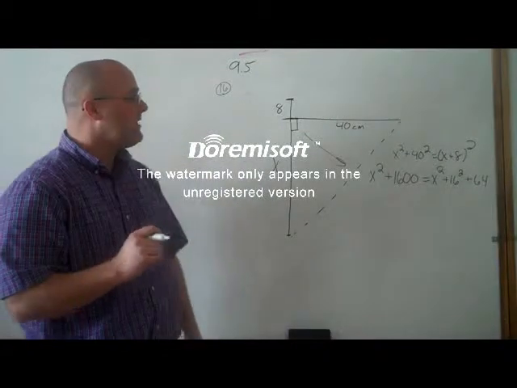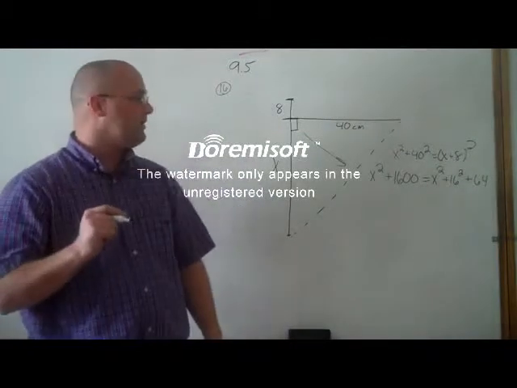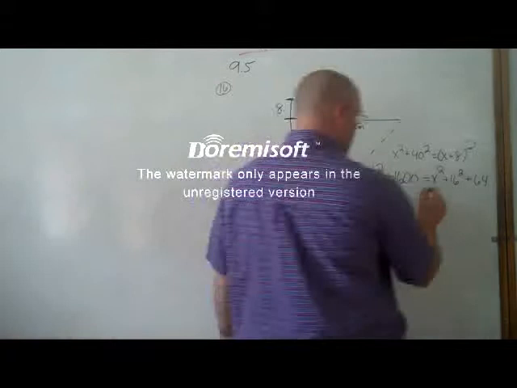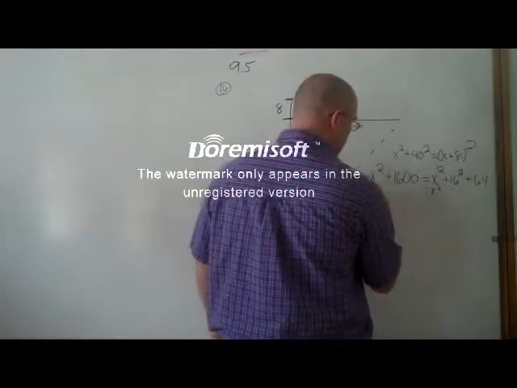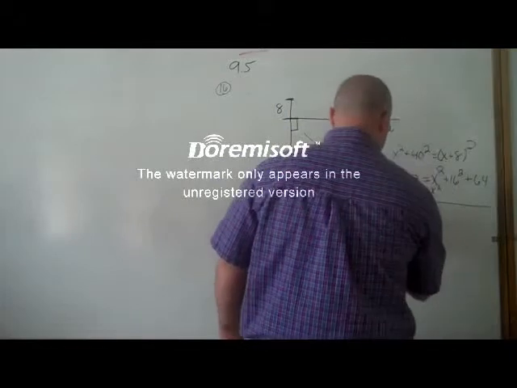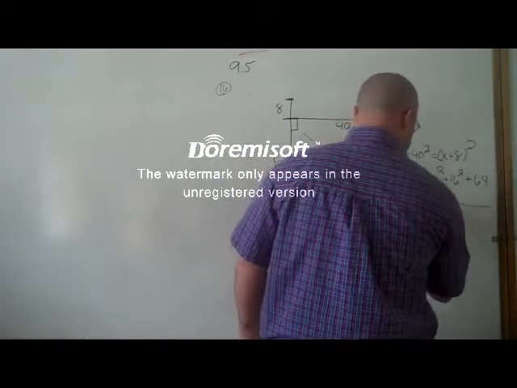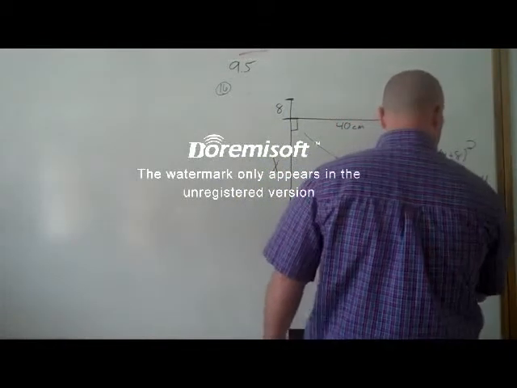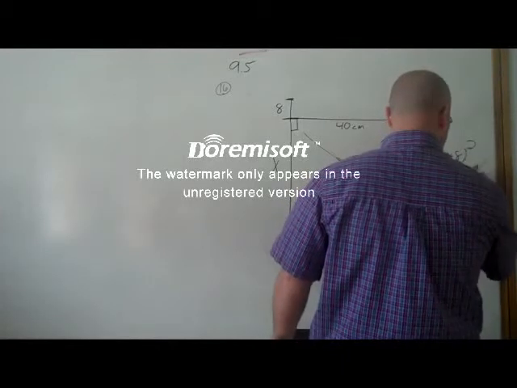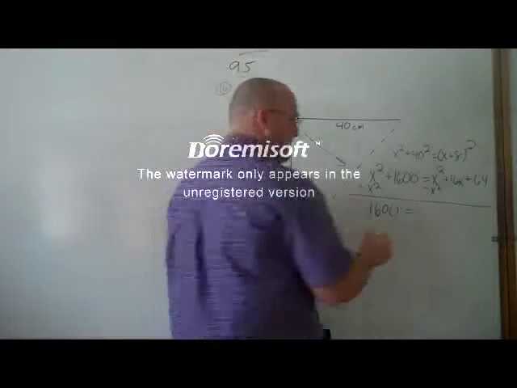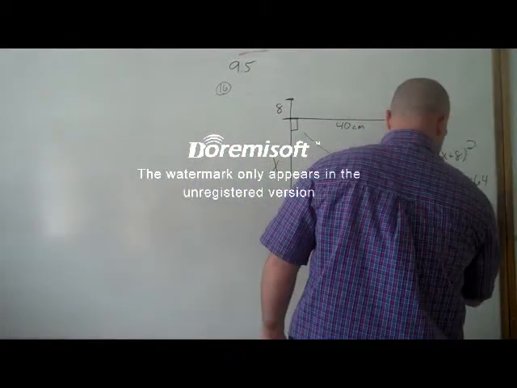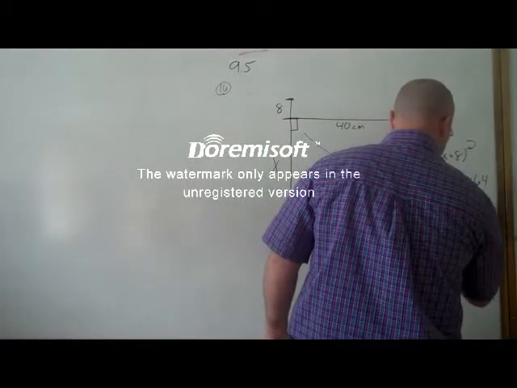So now we have to get all of our terms to one side. We subtract x squared, and we have 1600 equals 16x, that's supposed to be 16x, not 16 squared, plus 64.